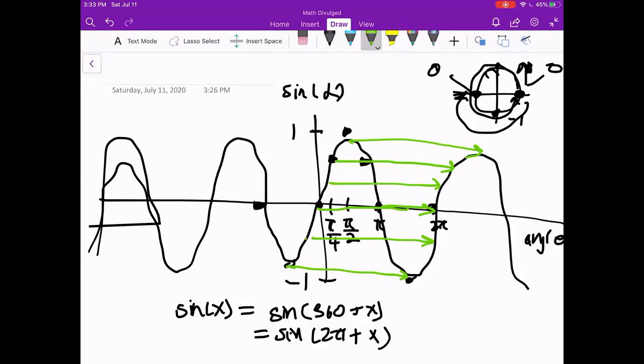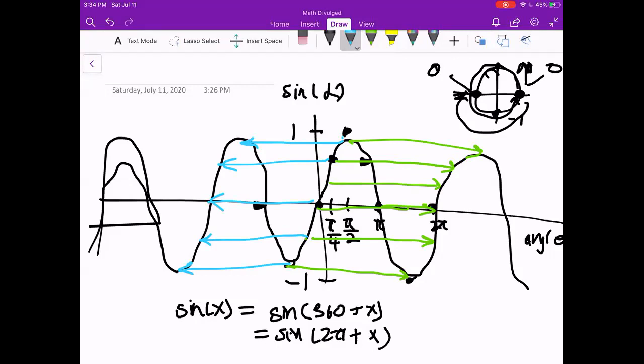We can also move backwards. So for example, these points are equal. These points are all equal as well. So basically, that just tells us that sine has an unbounded domain.